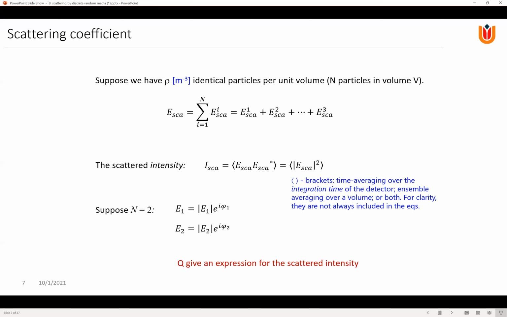Yeah, summation is of course right. So you would have E1 plus E2, but then we will get this part. So how does that work out?